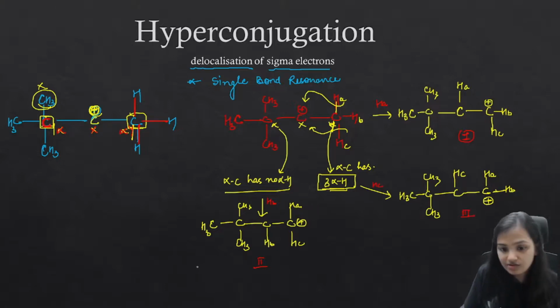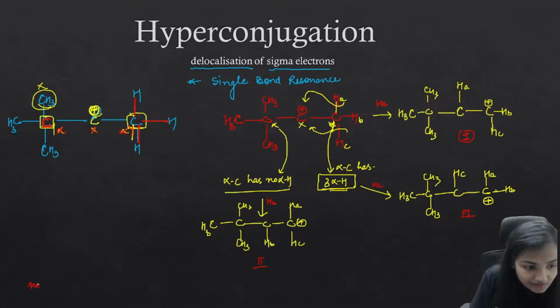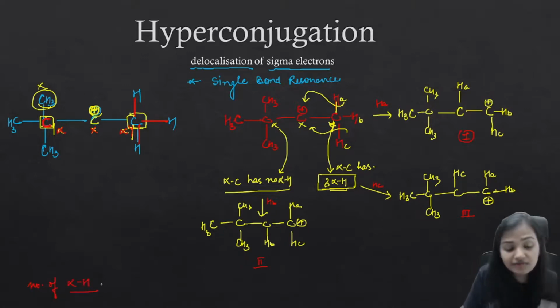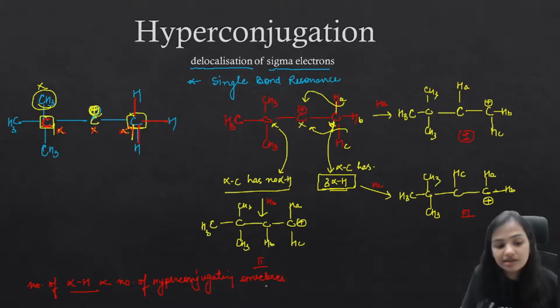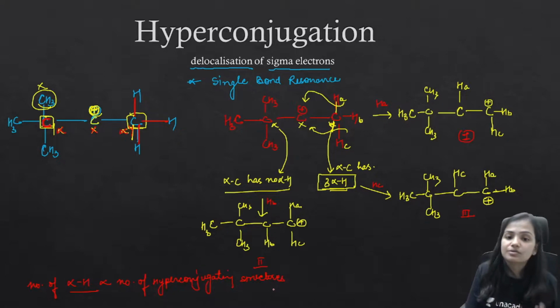So the number of alpha hydrogens is directly proportional to the number of hyperconjugating structures. And the more hyperconjugating structures, the more the stability.